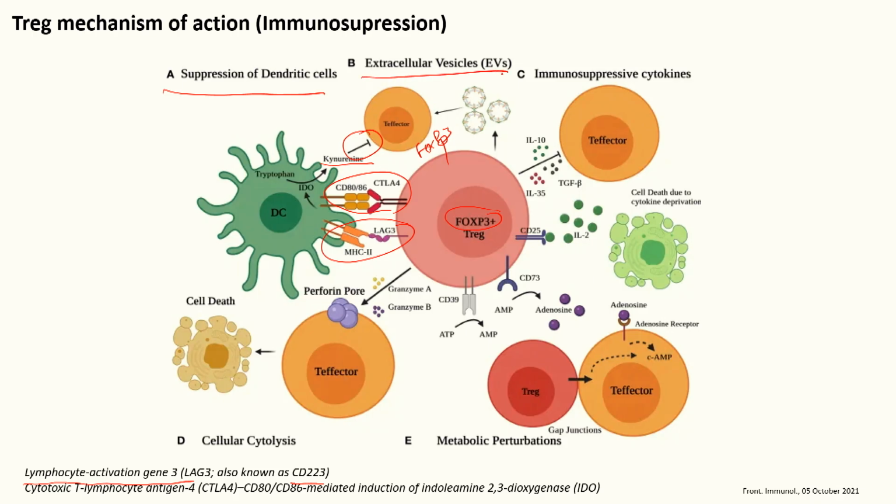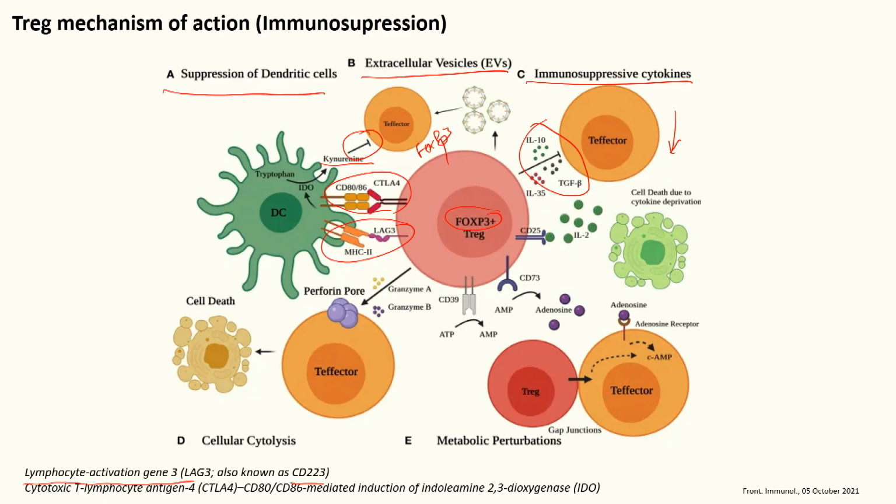The extracellular vesicles can load multiple inhibitory factors which inhibit the T cell effector immune response. And third is by immunosuppressive cytokines, which we looked into in the last slide: TGF beta and IL-10 are immunosuppressive in nature. So once these go into the circulation, they can downregulate the T cell immune response.